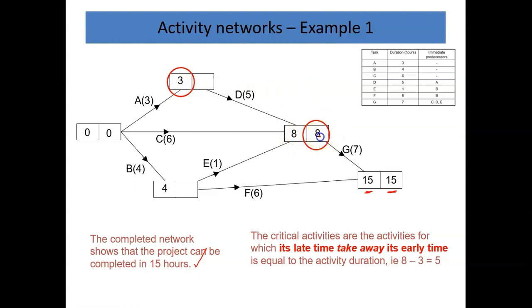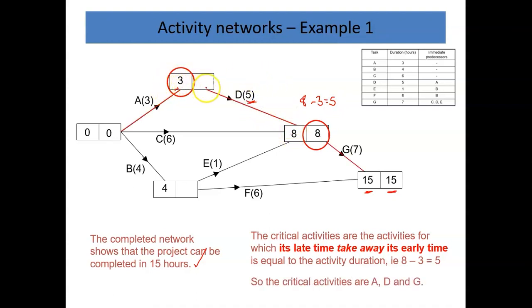You do that 8, take away that 3. So 8 take away 3 is 5. And you'll notice the activity was 5. So because it's the same answer, I've done the 8 take away 3 is 5, and because it's the same as this 5, that makes it a critical activity.